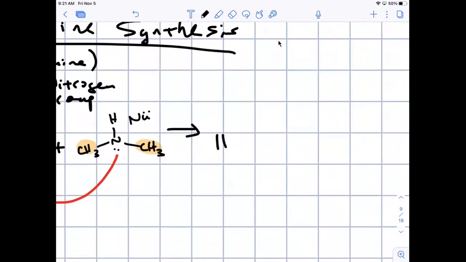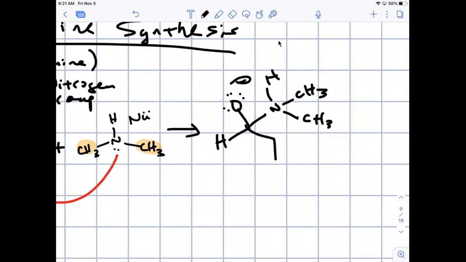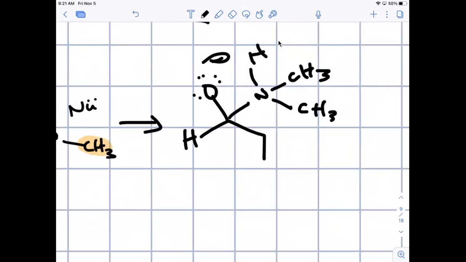We're going to get a tetrahedral intermediate that looks like this. So this is N. I'm going to put the H up here. And this is positive.